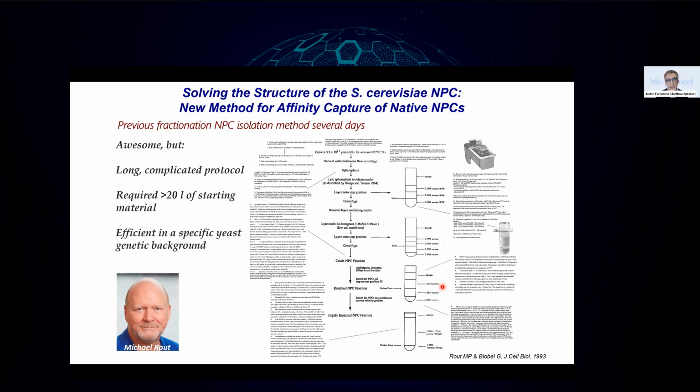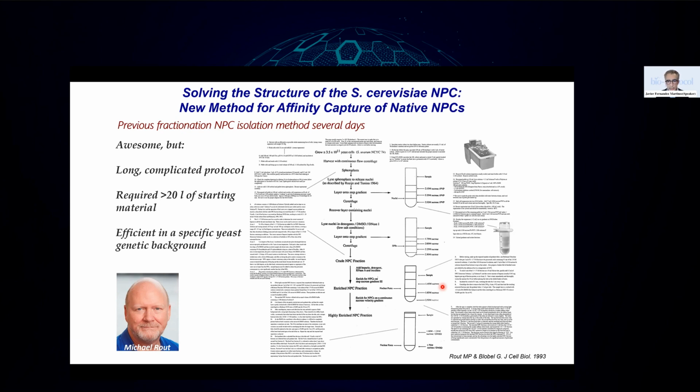Basically, as you can see here, it's a long and complicated protocol. Some of these fractionation steps have to be run overnight, so it takes several days. It required a significant amount of starting material, and also it was really efficient only in one specific yeast genetic background.